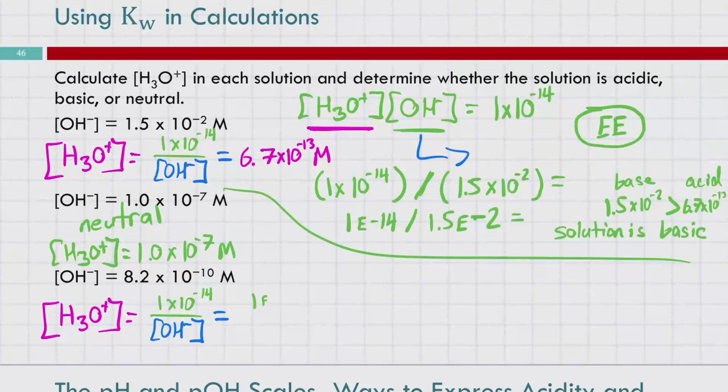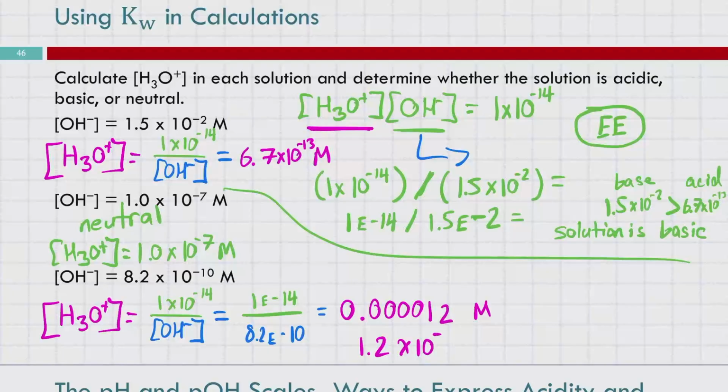So we're doing 1 times 10 to the minus 14, or 1e negative 14 if you're doing the fast way, over our hydroxide concentration, 8.2e negative 10, equals, let's find out, calculator says 0.0000112 and some change molar, or 1.2 times 10 to the minus 5 molar. So that's our H3O plus concentration.